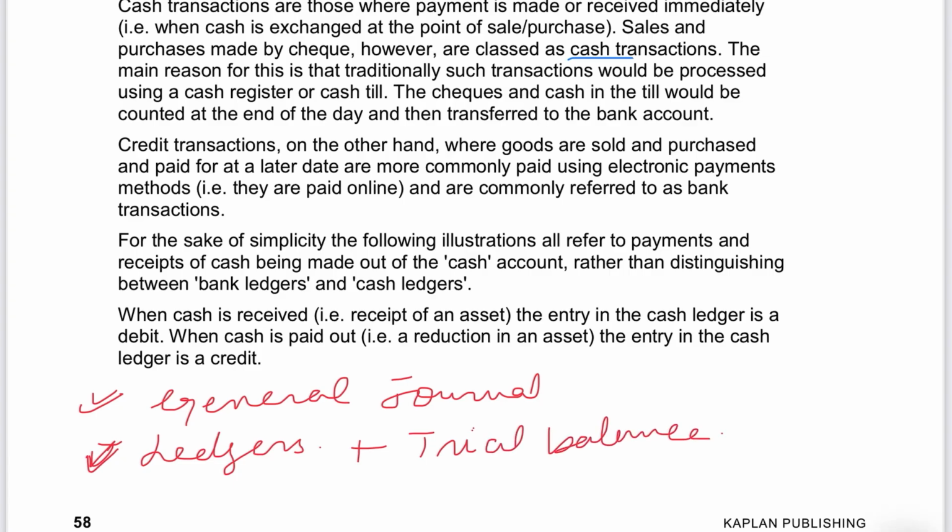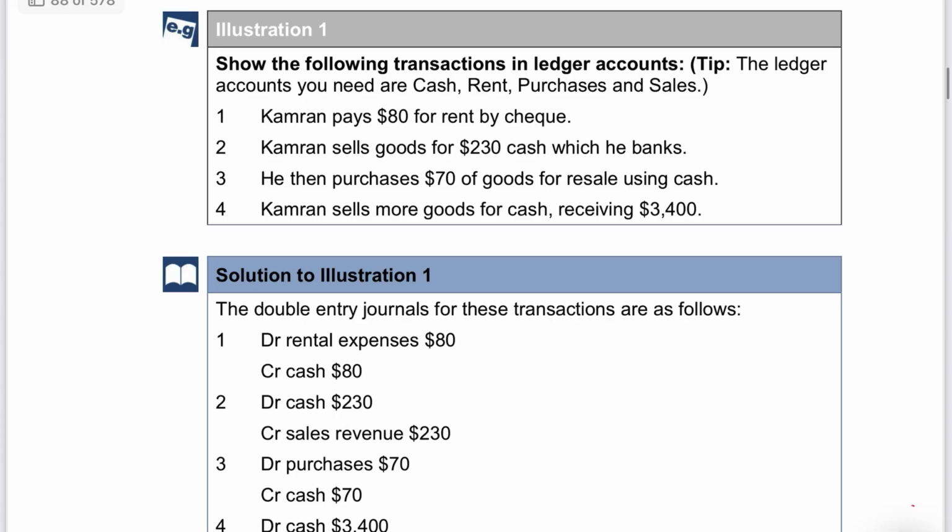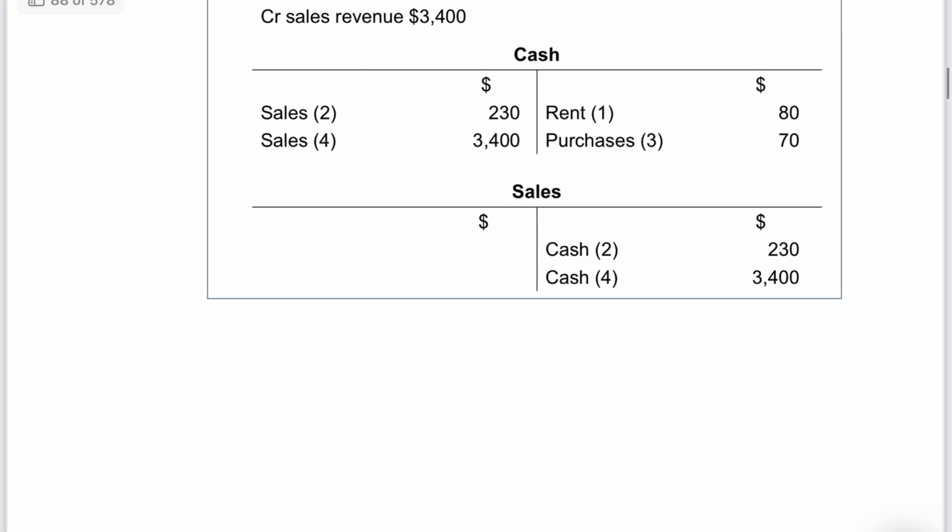And believe me guys, if you practice journal and ledgers, it will be very easy for you to understand future questions and future topics. So I recommend you practice all these illustrations with the help of the solution, it takes nothing but your time.